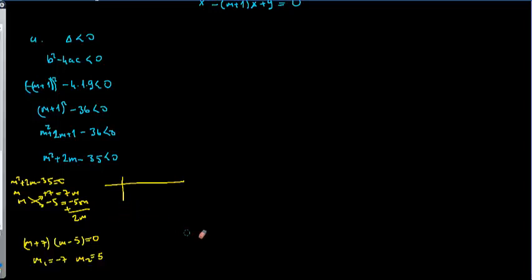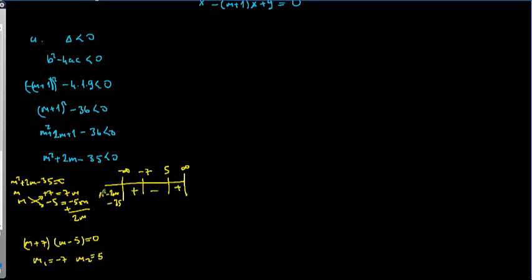Sorry about the computer problem. Then here it's going to be minus infinity and infinity. Then these are the m values, minus 7 and 5. Then if the function is m squared plus 2m minus 35, the signs are going to be plus, minus, and plus.